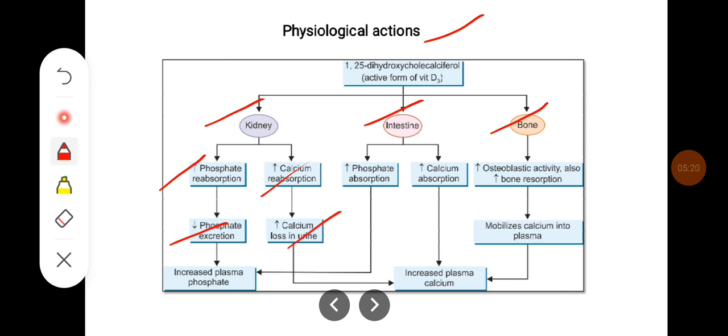So it increases the plasma phosphate levels. Whereas in the intestine, it increases phosphate absorption and calcium absorption. So that leads to increased plasma calcium and increased plasma phosphate levels. Over the bone, it increases the osteoblastic activity and also increases bone resorption, mobilizes calcium into plasma. So it leads to increased plasma calcium levels.